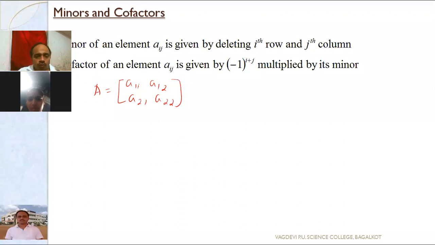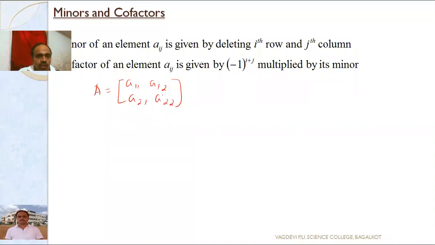You have to find the cofactors of all these. How to find the cofactor? First you have to find the minor. So delete this row, delete this column. When you delete the row containing A11 and the column containing A11, the first row and first column, which element is left? A22. So A22 is the minor.